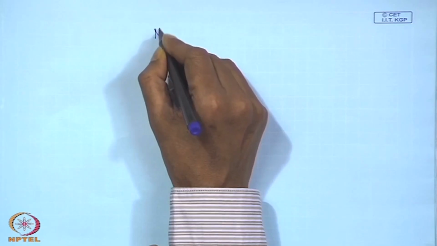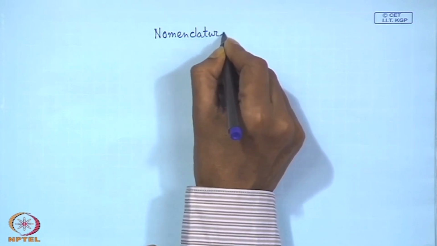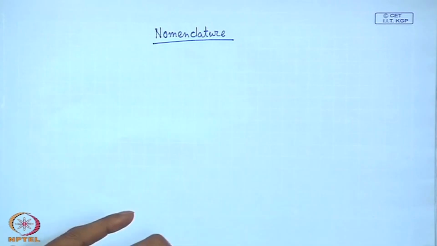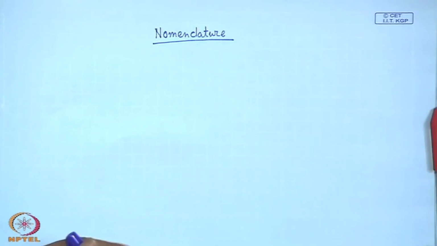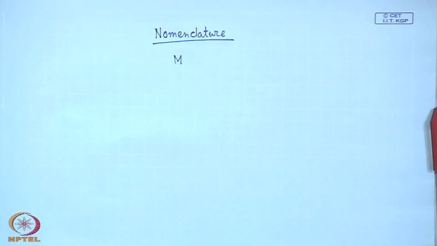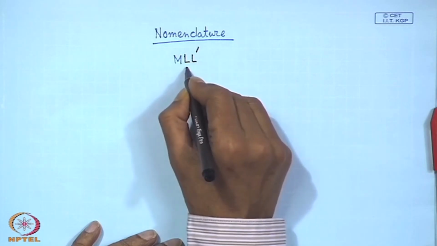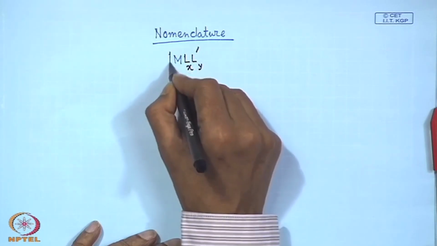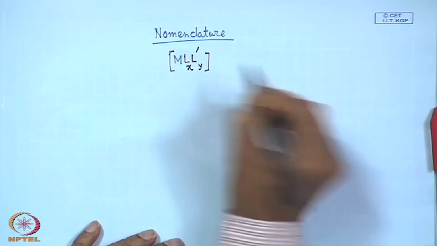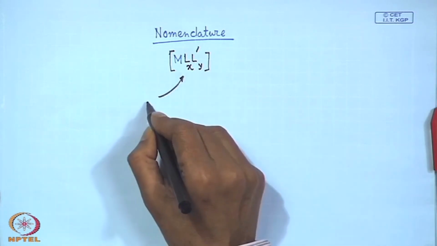So, the next part of today's lecture we devote to nomenclature, how we name a typical coordination compound, because we can have a species made up of the metal and several ligands, L can be there, L prime can be there, and X and Y, and within square brackets we consider this the complex entity.